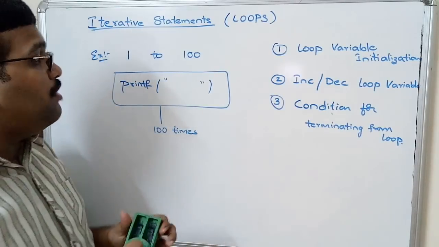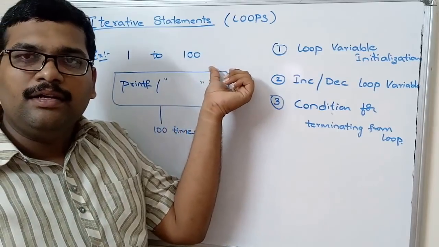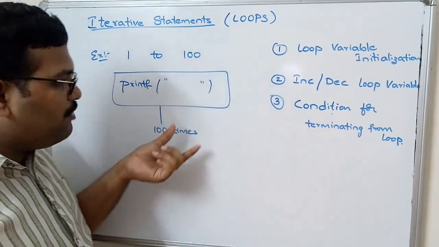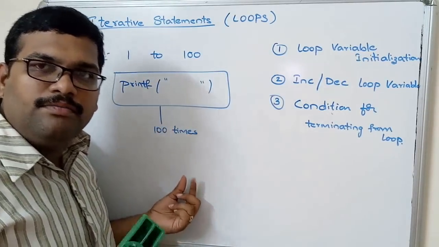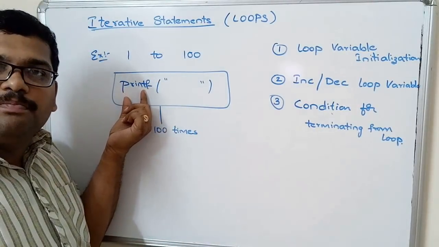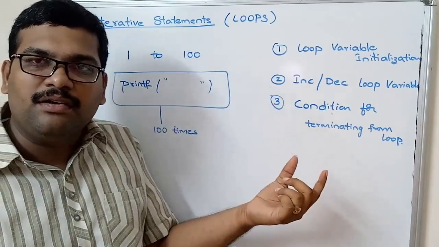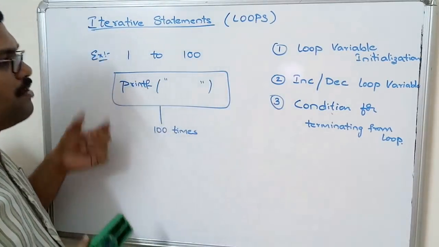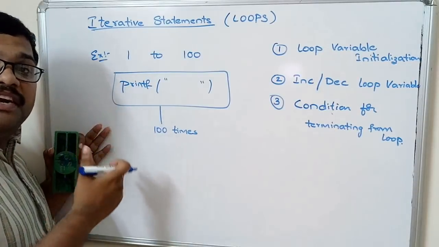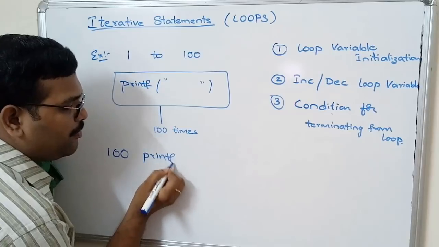Hope you understood. So our problem statement is printing the numbers from 1 to 100. According to our knowledge till now in the C language, we know that printf is used to print the output on the display screen. So for that purpose here we have to write 100 printfs.